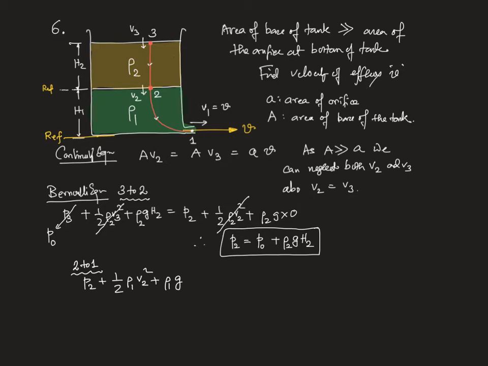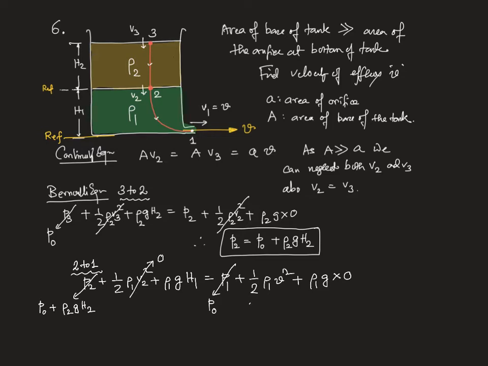So rho 1 g times H1 equal to P1 plus half rho 1 V square plus rho 1 g into 0. Point 1 is at the reference level only, so the height is 0. Now P1 is the same as P0 because point 1 is open to the atmosphere, and P2 we have calculated already, P0 plus rho 2 g H2, and V2 you can put to be 0.